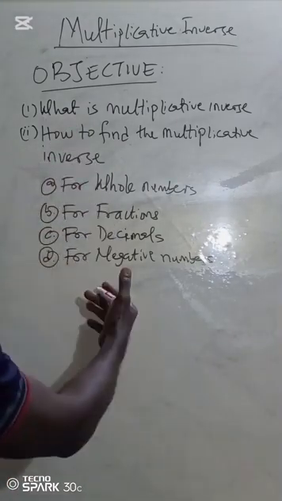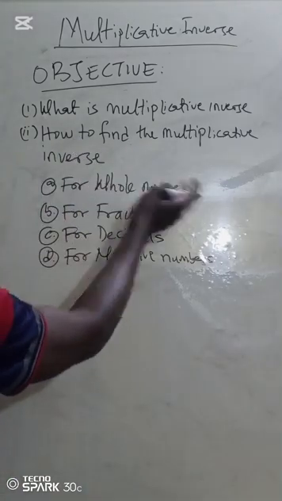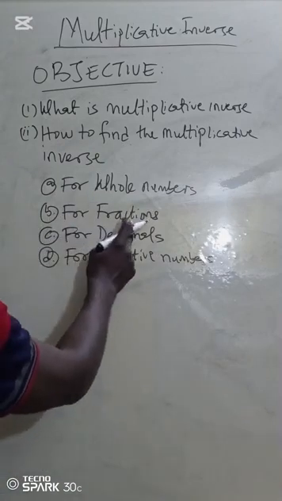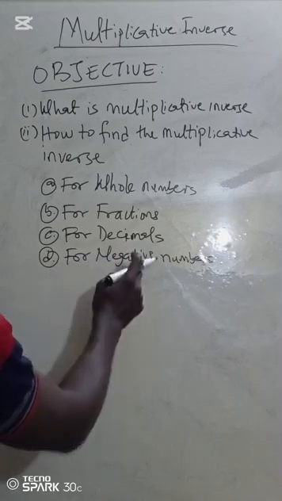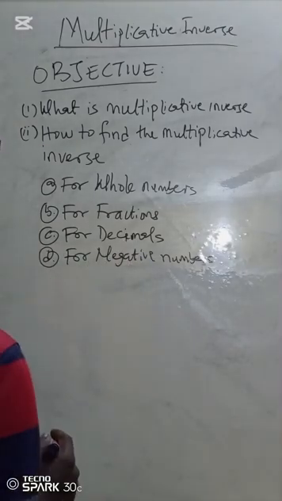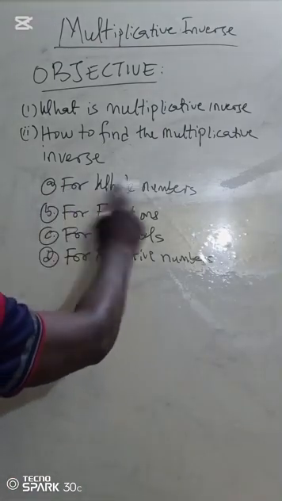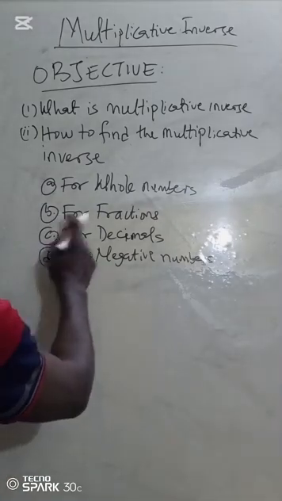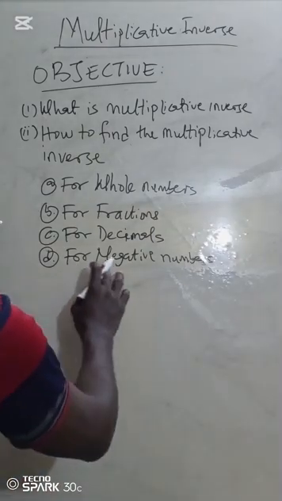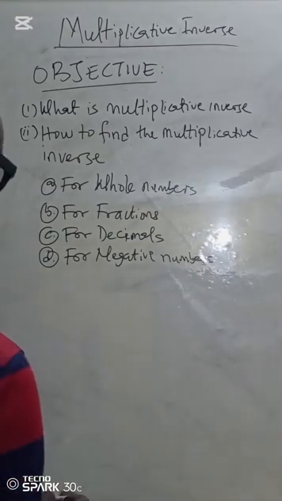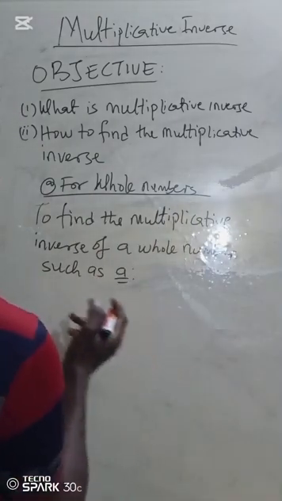Now we want to achieve this: how to find multiplicative inverse for whole numbers, for fractions, for decimals, and for negative numbers.